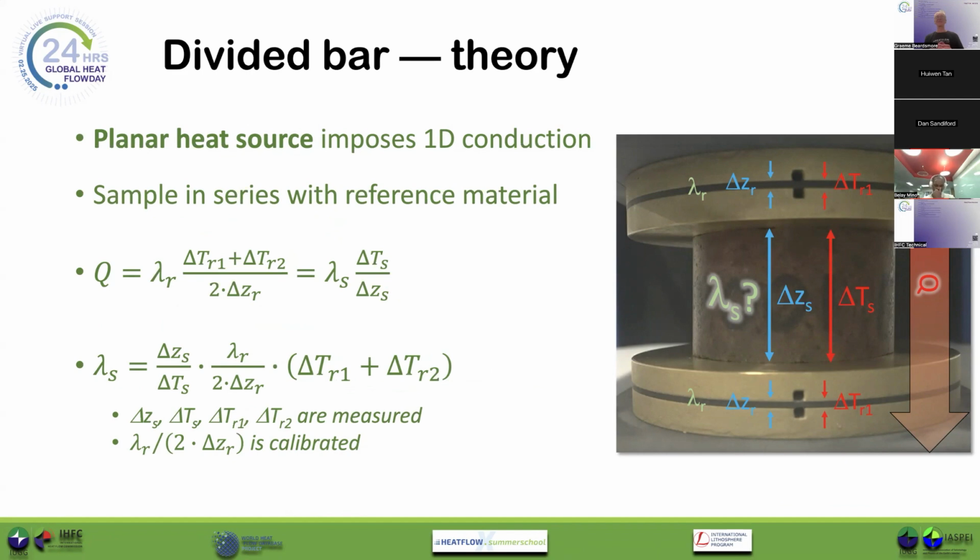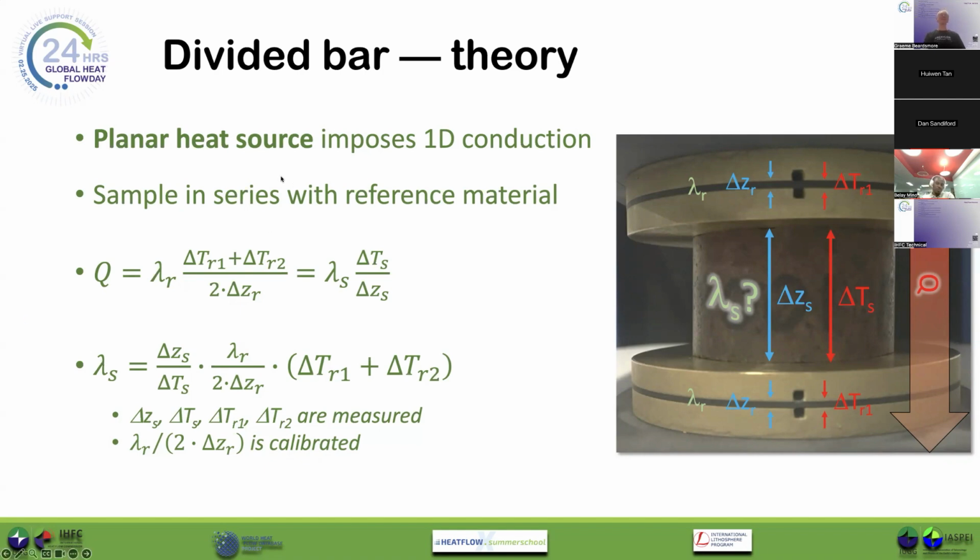It is arguably the simplest to understand, and I tend to advise that if you only have a choice of one instrument that can be applied across a broad range of different sorts of samples, then the divided bar is probably the most flexible tool for measuring thermal conductivity.